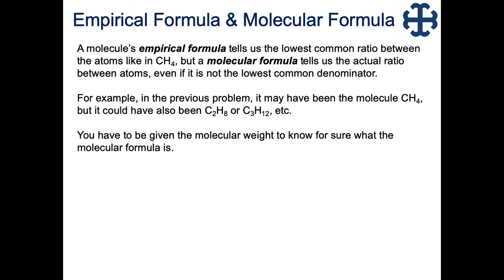So for example, with the work we did on the previous slide, CH4 is a valid answer, but it could also have been C2H8, C3H12, and so on. Basically any multiple of 4 for hydrogen and 1 for carbon. In order to tell what the actual molecular formula is, you would have to be given the molecular weight to know for sure.